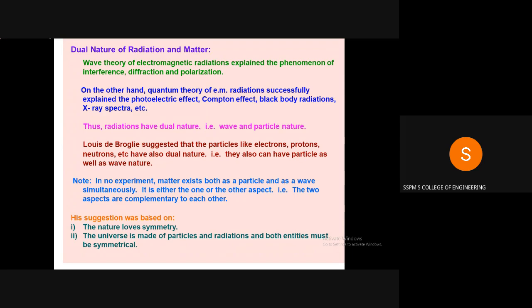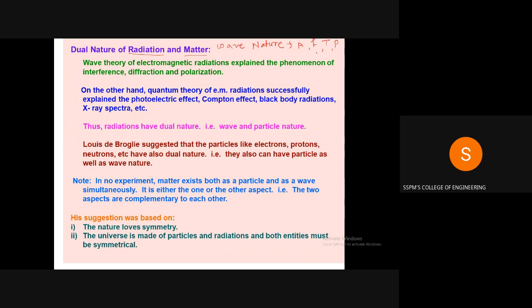The concept is that radiation we consider as having wave nature, and matter is having particle nature. Wave nature is characterized by amplitude, frequency, periodic time, and phase difference.